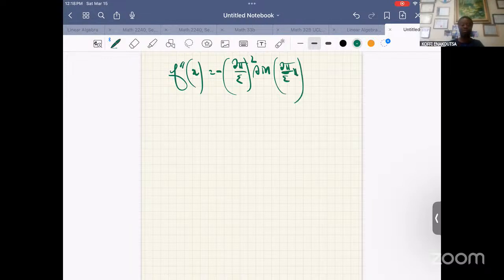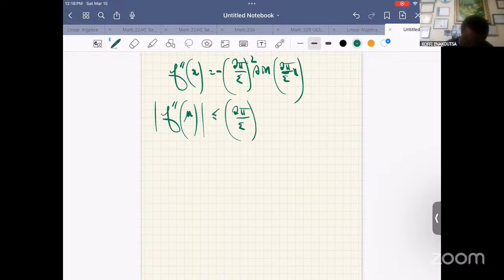So we can bound f second of mu for all mu between 0 and 1. It will be bounded by 2 pi divided by epsilon raised to the square for any x or mu between 0 and 1.